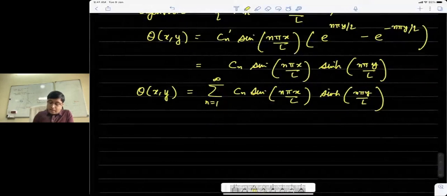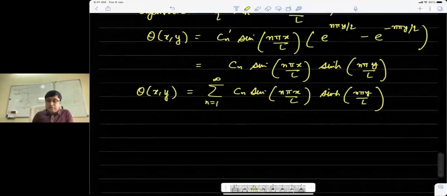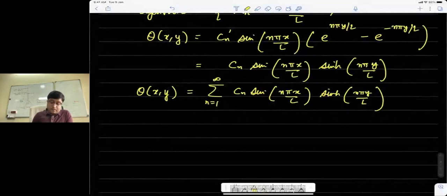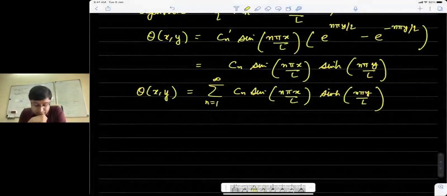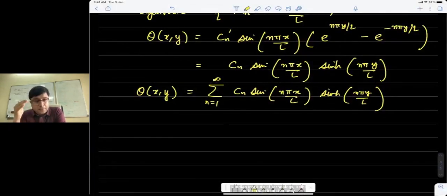So now we get to the last part, which is how do we determine these coefficients Cn. And now they are infinite, by the way. They're infinite, and I only have one more condition left, which is the fourth boundary condition. I know that theta at x comma W is 1.